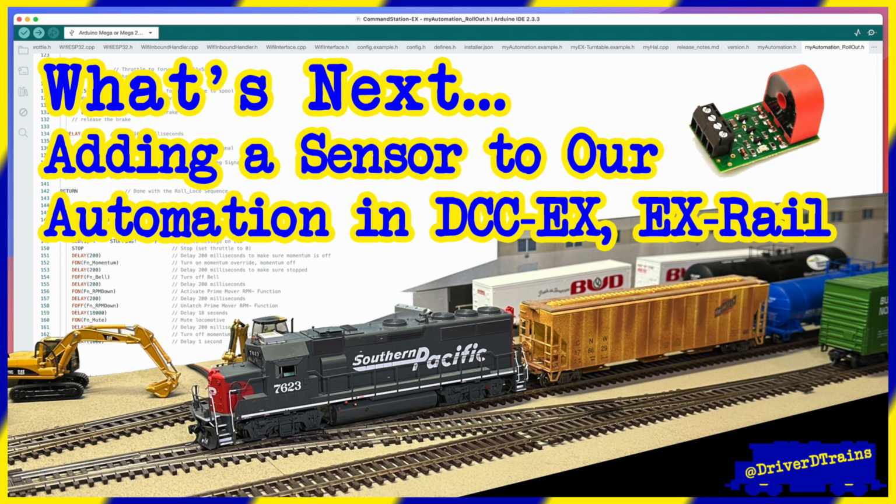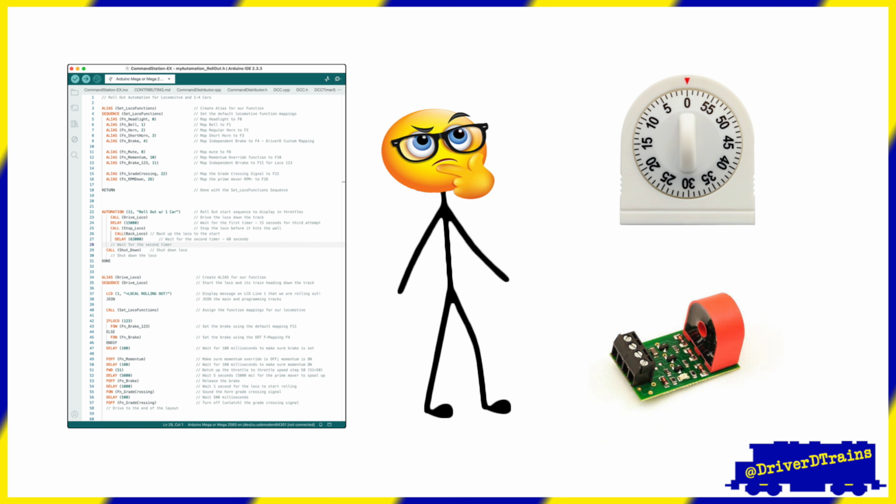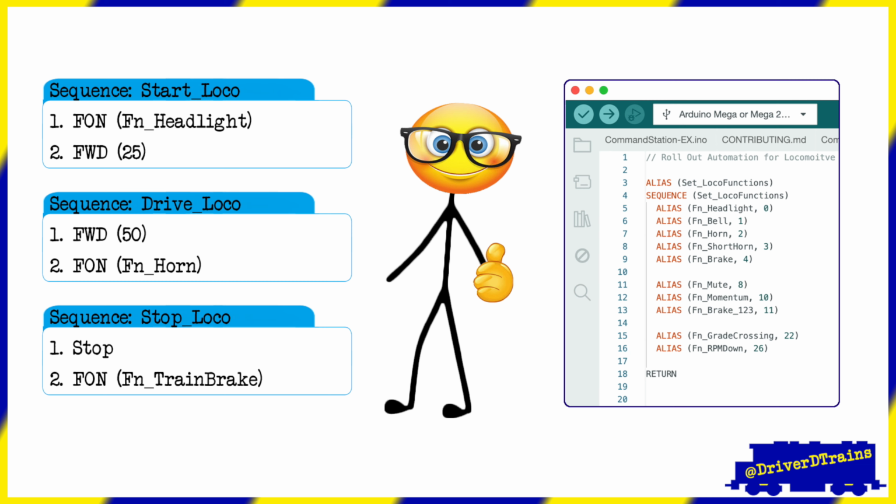What's next? Adding a sensor to our automation in DCC-EX EX Rail. In my next video, we'll create a version of the rollout automation that uses a sensor instead of timers to determine when to stop the locomotive. This will be very easy to do because it will use all the same sequences as the automations we created today.